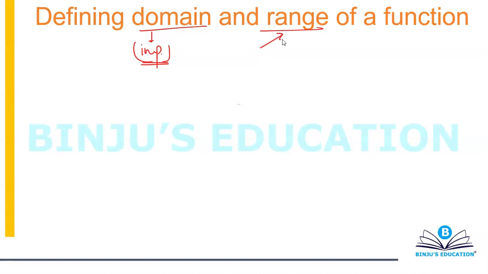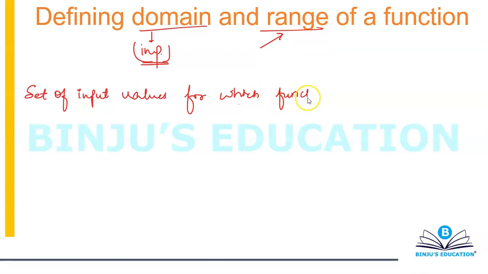Domain is basically the set of input values for which the function will give us real output values.